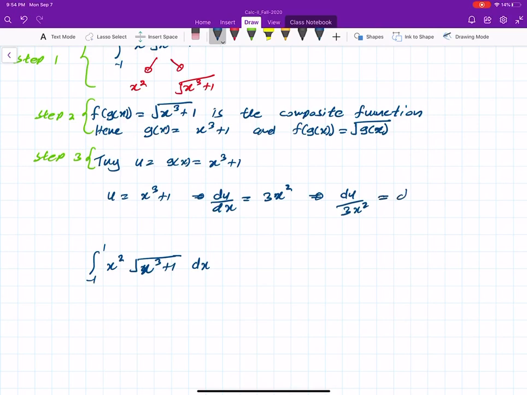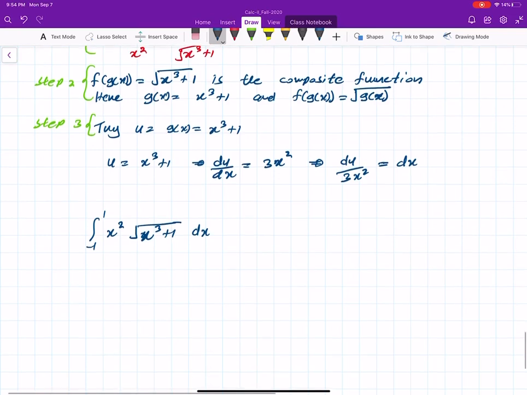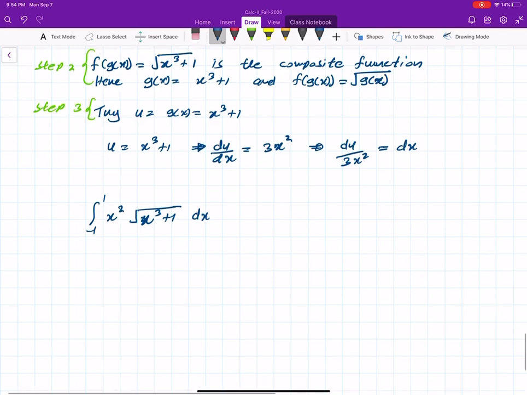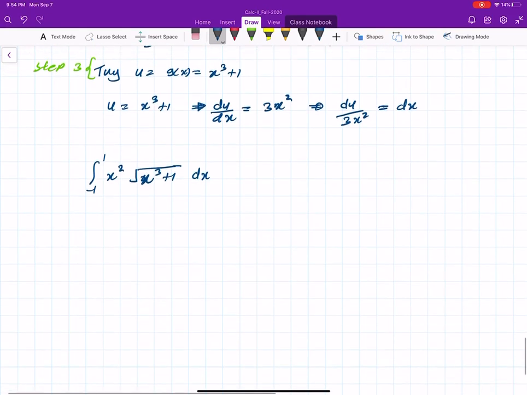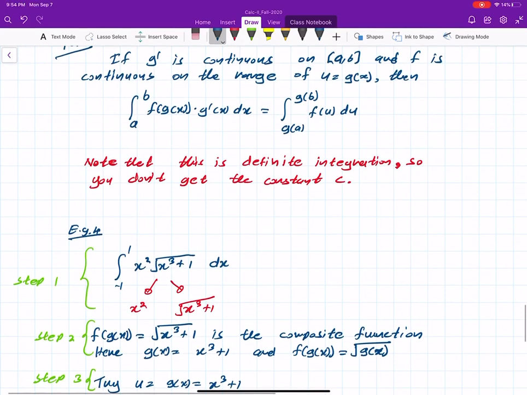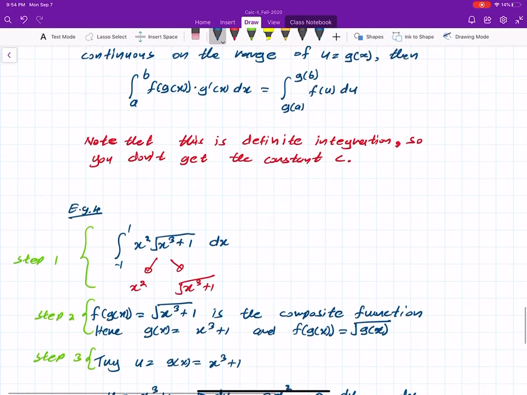That is dx. All right. Now you're going to substitute things here. That's a very special thing in definite integration. Here the limits, you have to work on these limits. This is the lower limit, that's the upper limit.